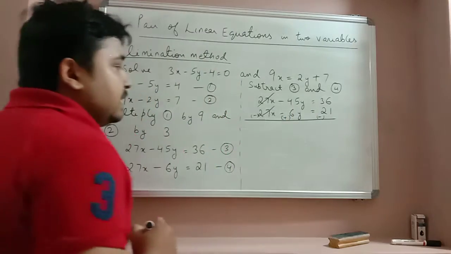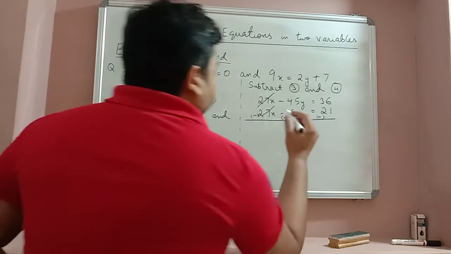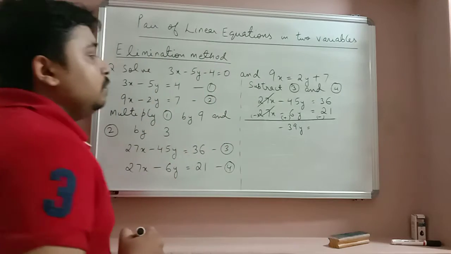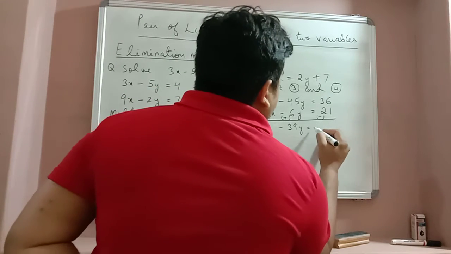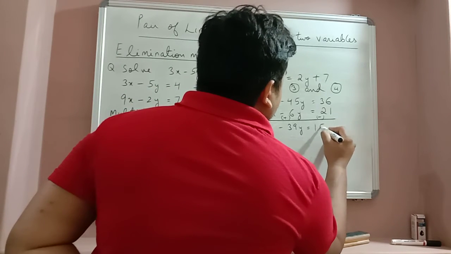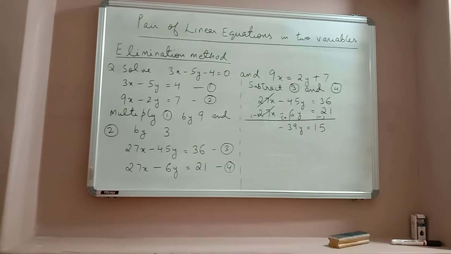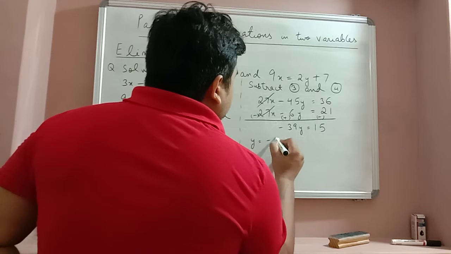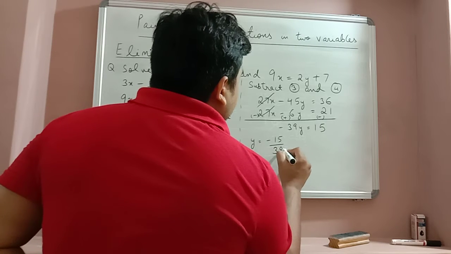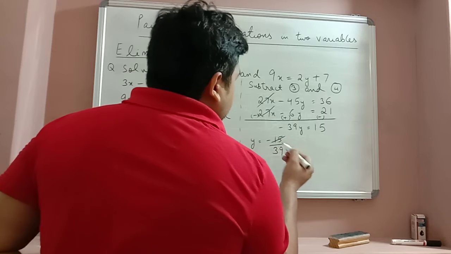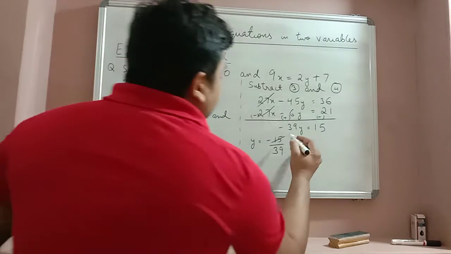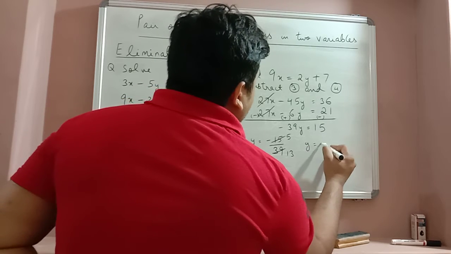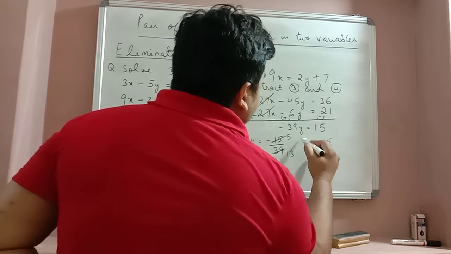Minus 45y plus 6y, so this becomes minus 39y equals 36 minus 21, that is 15. So y comes out to be minus 15 over 39. This can be simplified by 3, so this becomes 5 and this becomes 13. So we got y equal to minus 5 by 13.